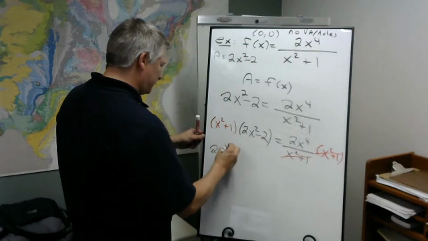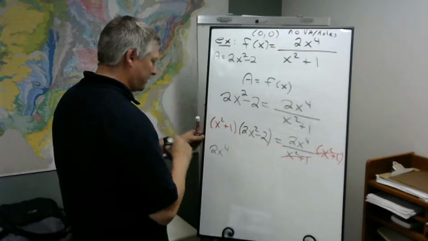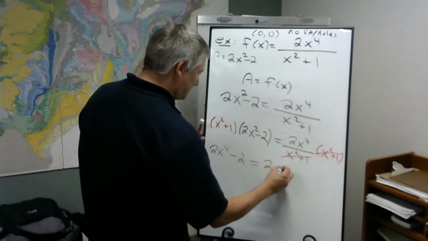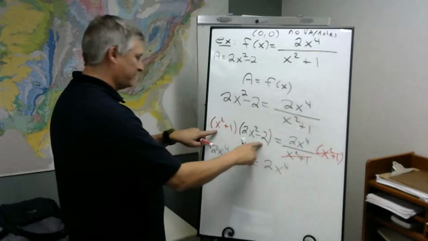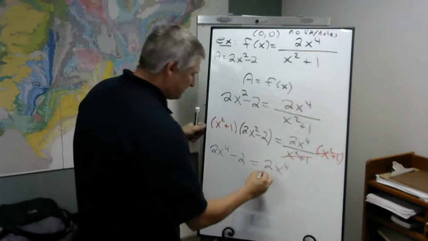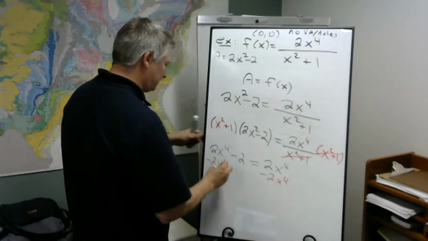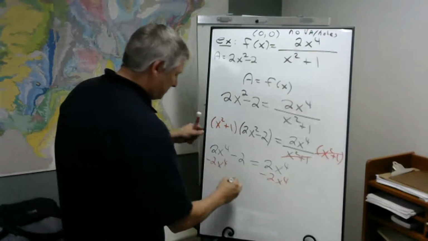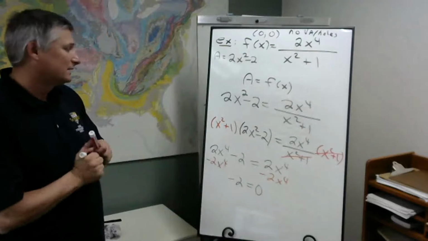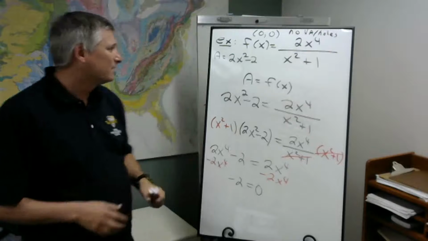We'll get 2x to the fourth, minus 2x squared plus 2x squared minus 2 is equal to 2x to the fourth. Make sure I did my arithmetic right. Okay, that looks good. And we can see there's problems here. Subtract 2x to the fourth from both sides. So you get minus 2 is equal to 0, and that's, of course, impossible. So sure enough, this will not cross over this.